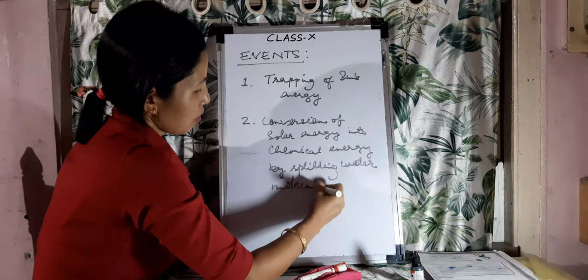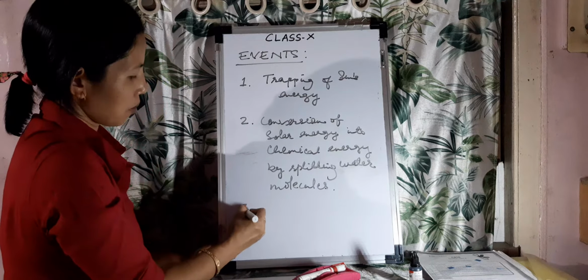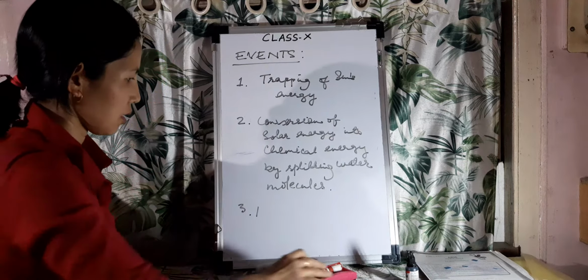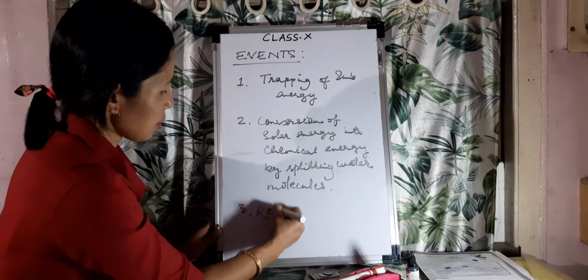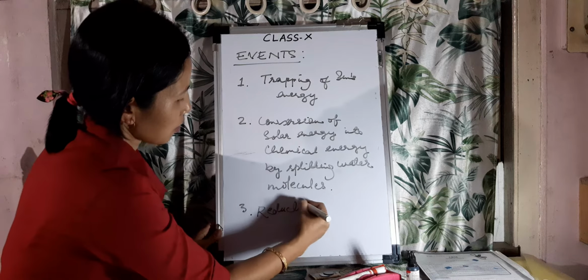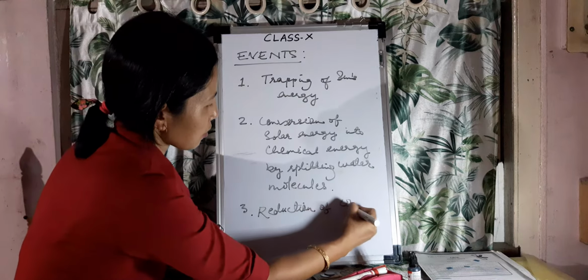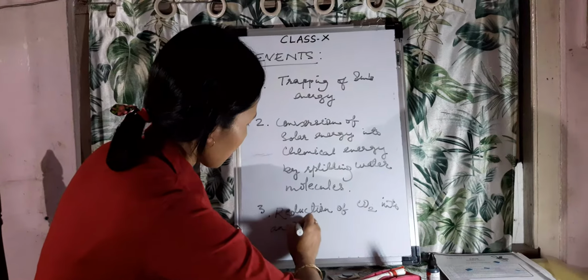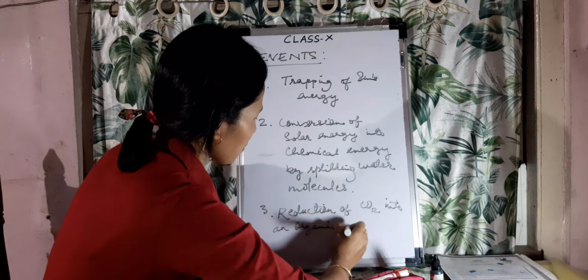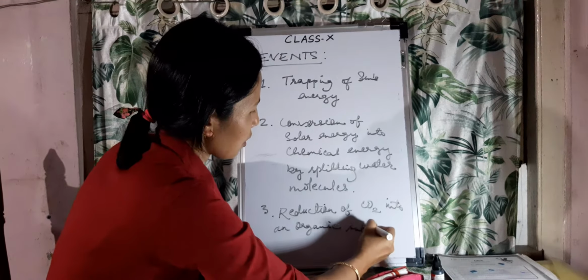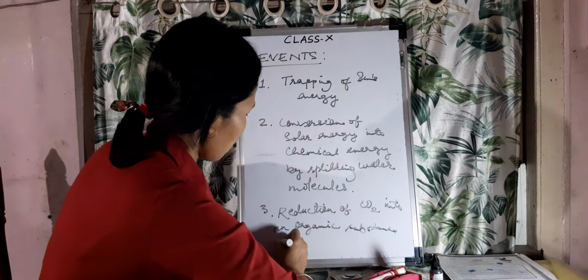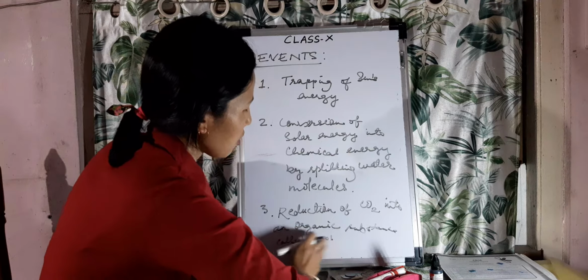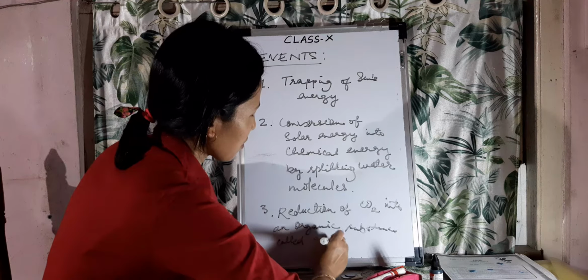And number 3, reduction of carbon dioxide into an organic substance called carbohydrate, or you can say glucose.